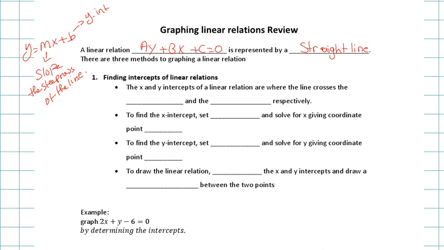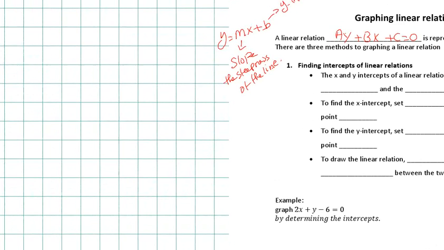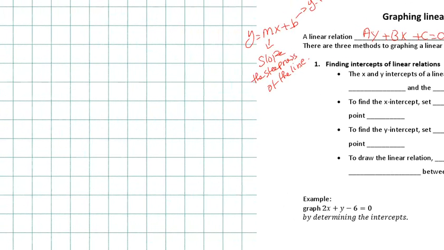For example, if I have 3y plus 5x minus 9 equals 0, this is similar to ay plus bx plus c equals 0. You see that? It's exactly the same format.